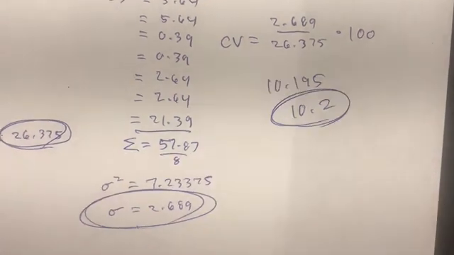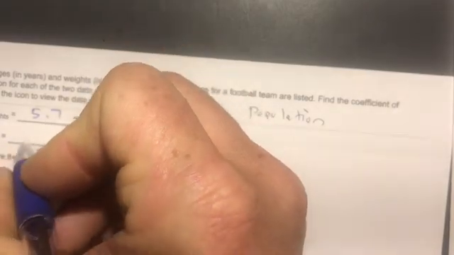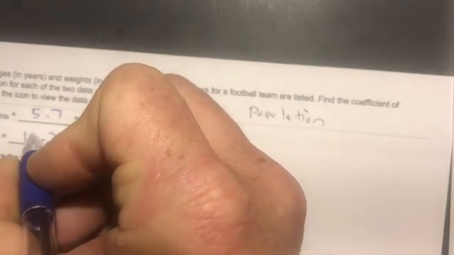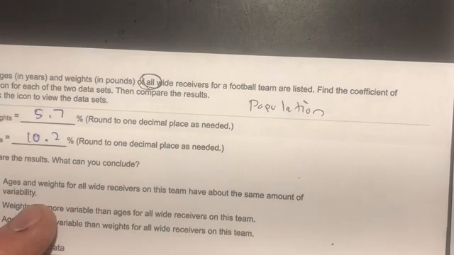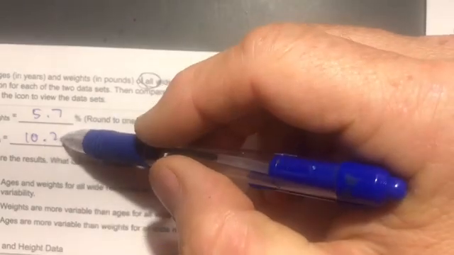So for the first one, I got 5.7. For this one, I got 10.2. And what can you conclude? Well, it looks to me like there's more variation. Since this number is higher than that one, there's more variation in the ages.